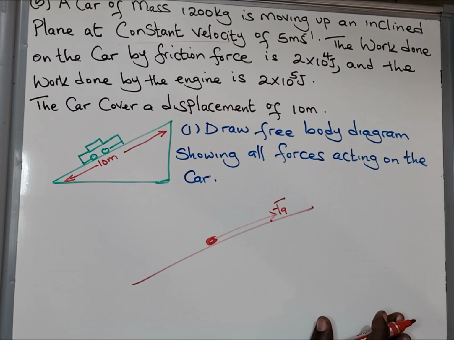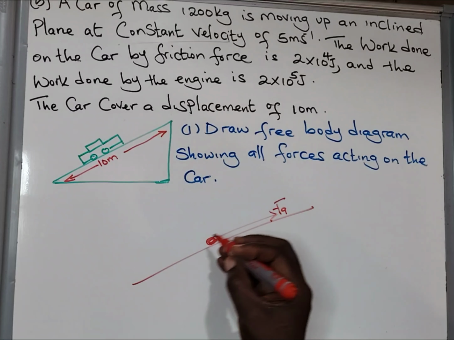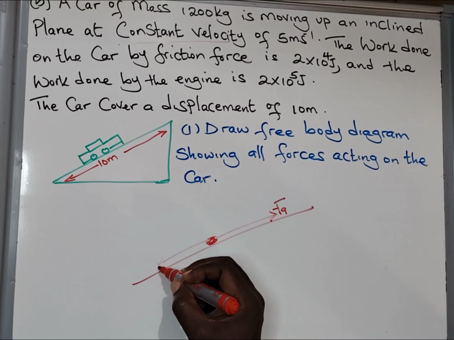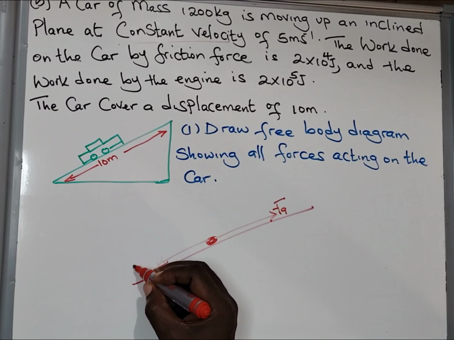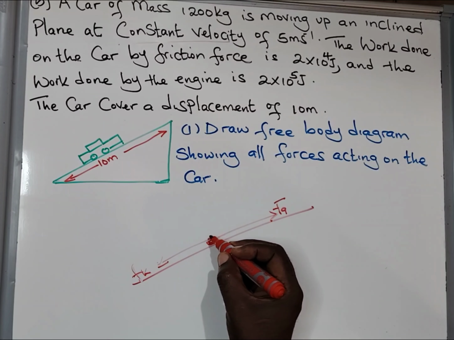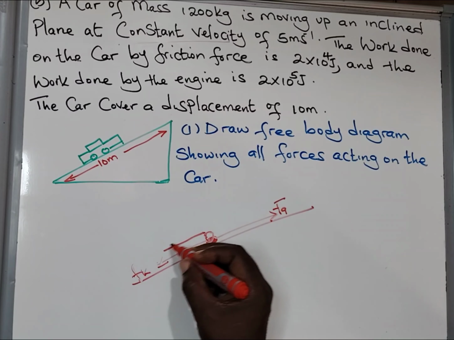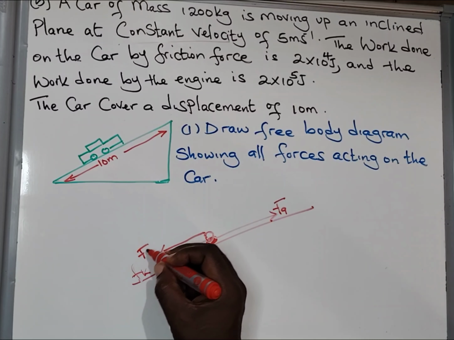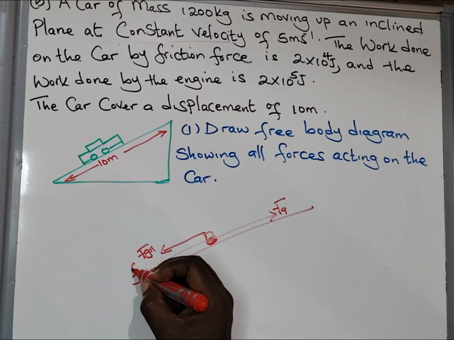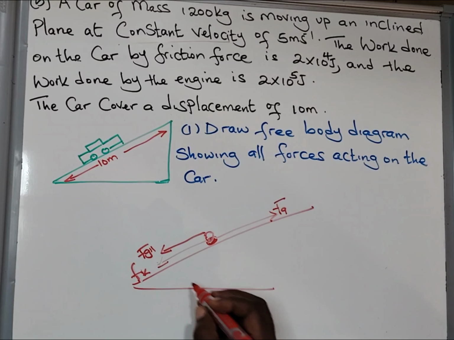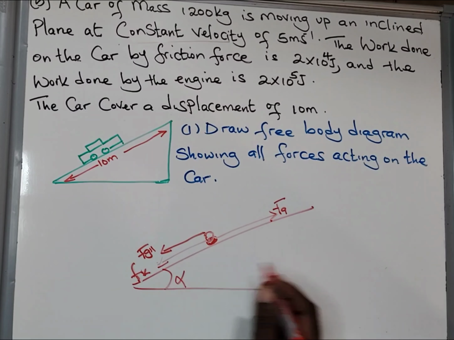Which other forces are acting on this car? We saw work done by friction force, implying that there is a friction force. We also know there's that component of gravitational force always acting downwards. If this is our horizontal, we have our angle of inclination.